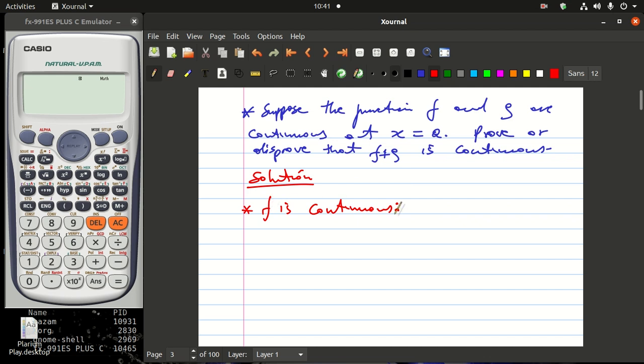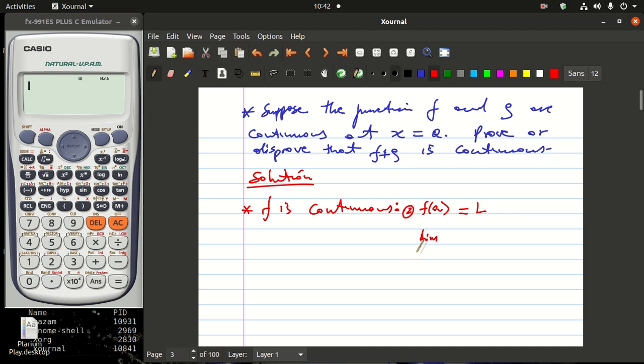So if f is continuous, what this simply means is that f of a, if I were to take this value a and plug it in f of x, I am going to get some output L. And then secondly, there were three conditions here.